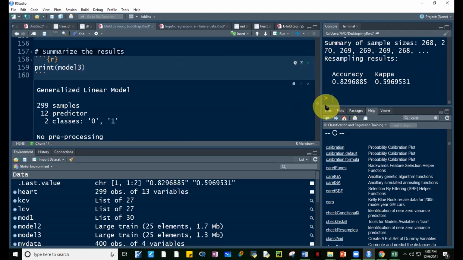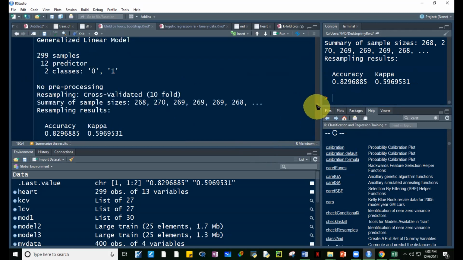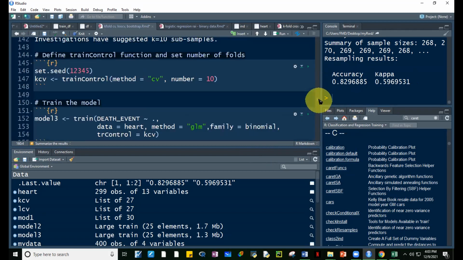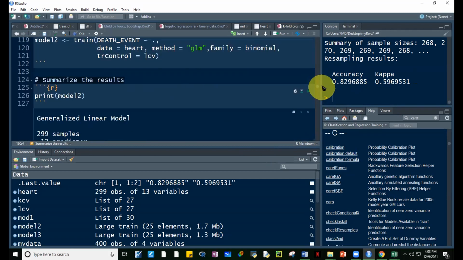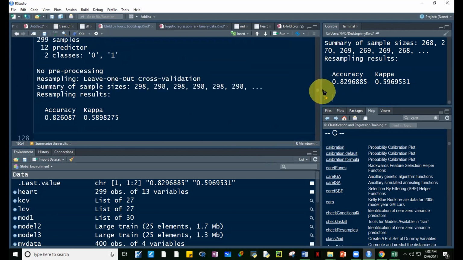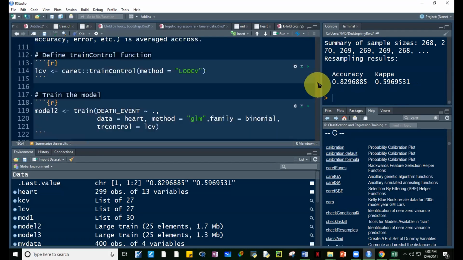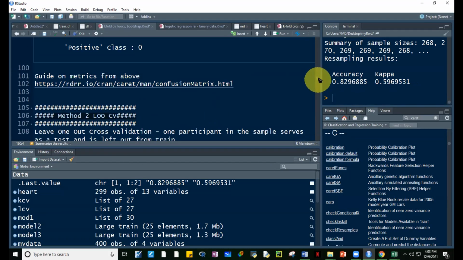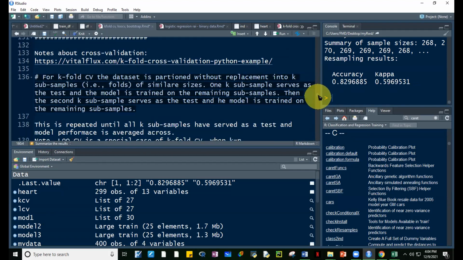Okay, gives us an accuracy of 82.96%, a little higher than yung leave one out natin kanina na 82.6 lang, pero not higher than yung simple lang na train and test. Okay, at least in this data.